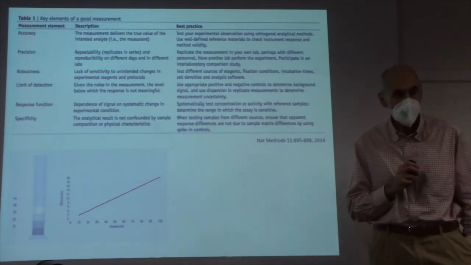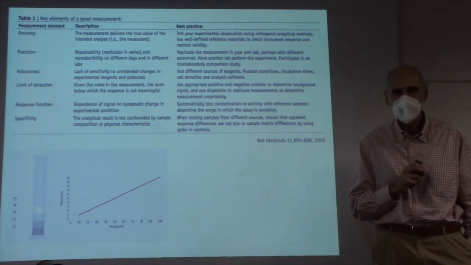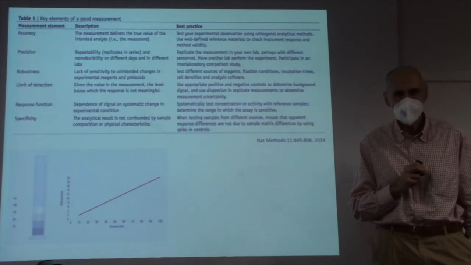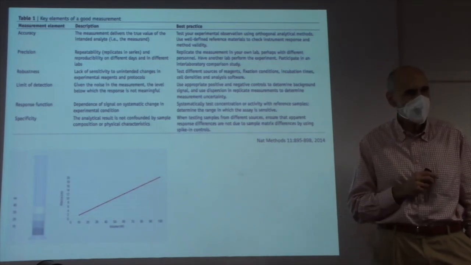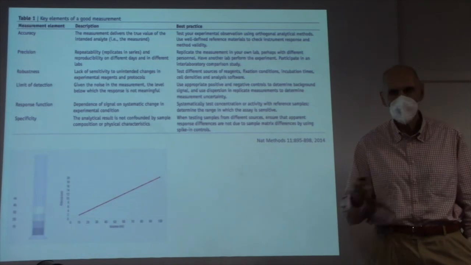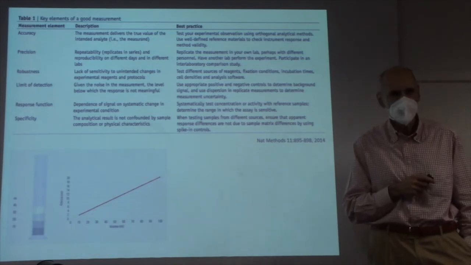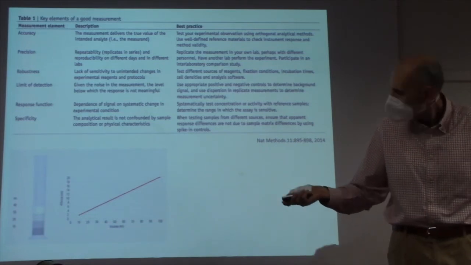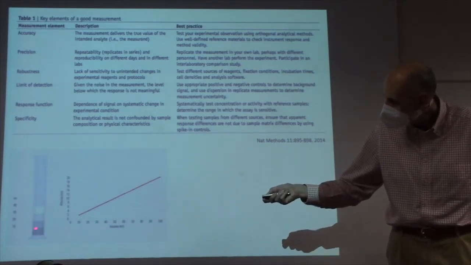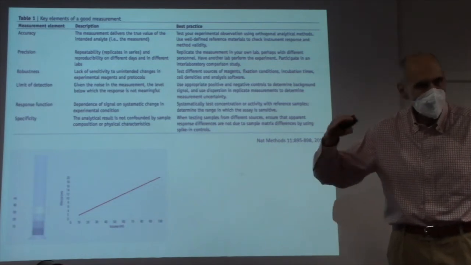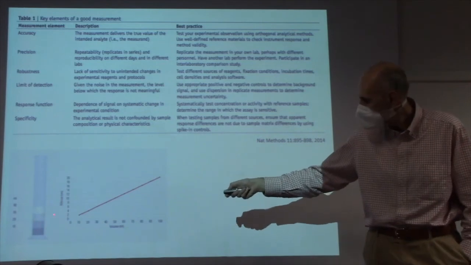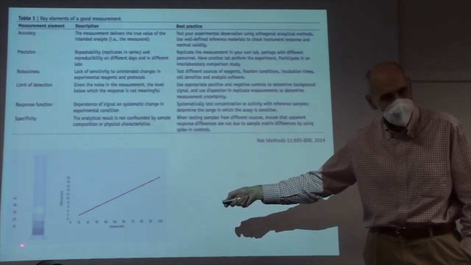Oftentimes, an instrument doesn't measure really directly the variable, the characteristic you're interested in. It measures a proxy, a derivative of that characteristic. For example, using a cylinder, you're actually not measuring a volume. You are measuring the distance between the top level, the so-called meniscus, of the fluid and the bottom of the cylinder.